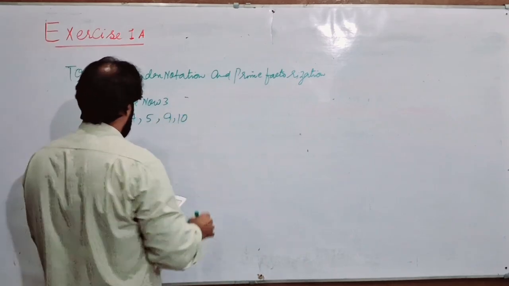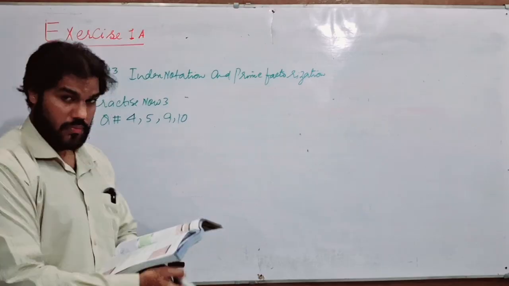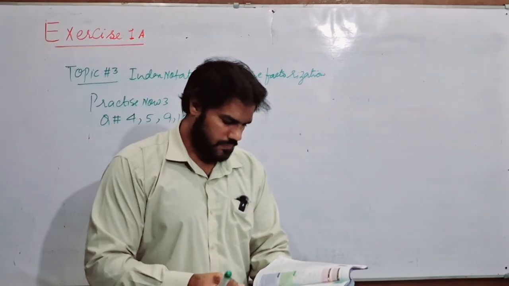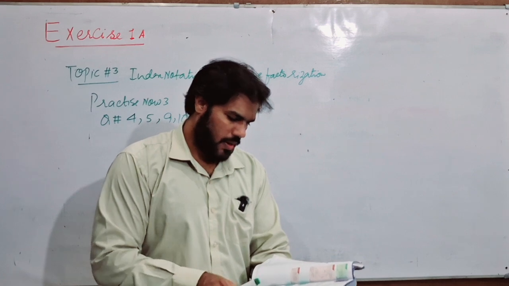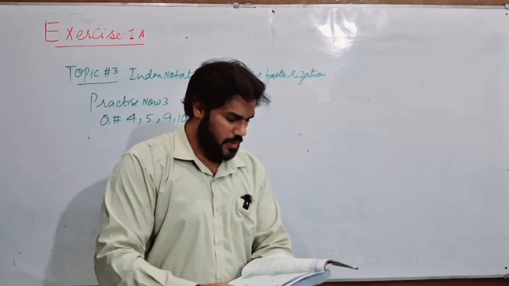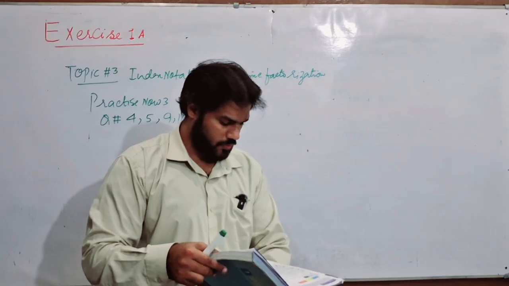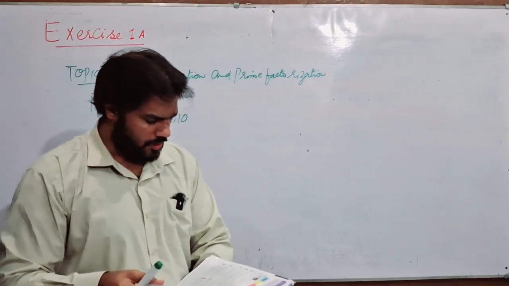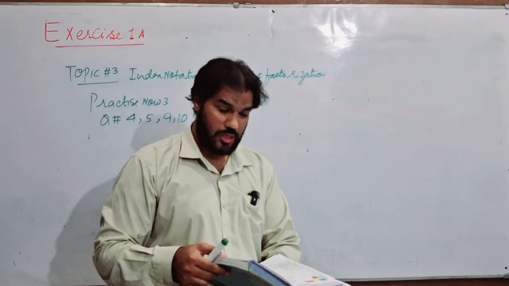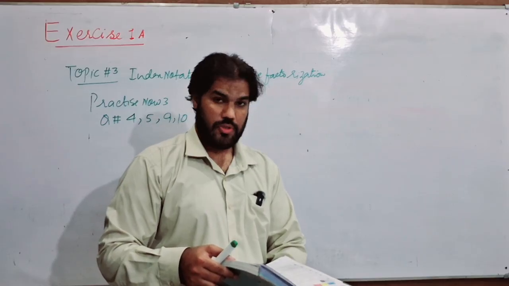So this topic has 4 questions. Let us discuss question number 4. Find the prime factorization of each of the following numbers, leaving your answer in index notation.